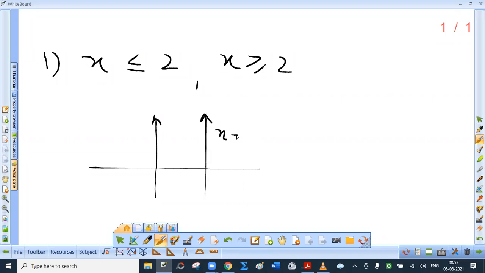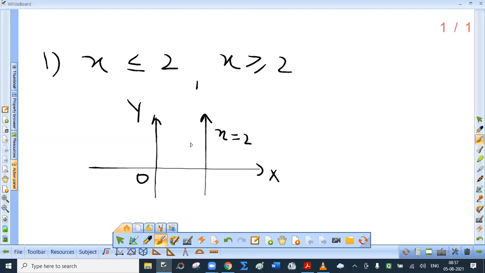As I said, this line divides the plane into 3 disjoint sets of points. Set of all points which lie on the line. If a point lies on the line, then what happens? X coordinate of every point on that line is 2, right? And which are the other two disjoint sets?